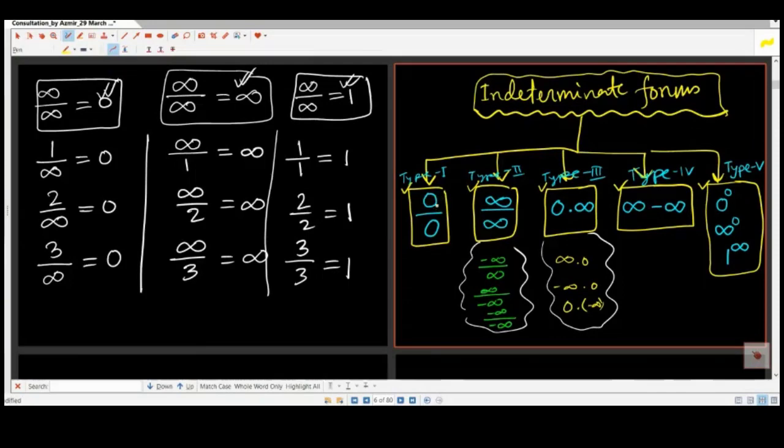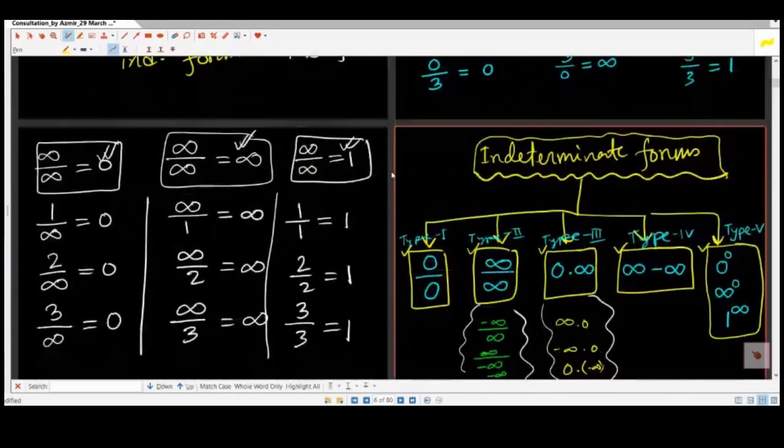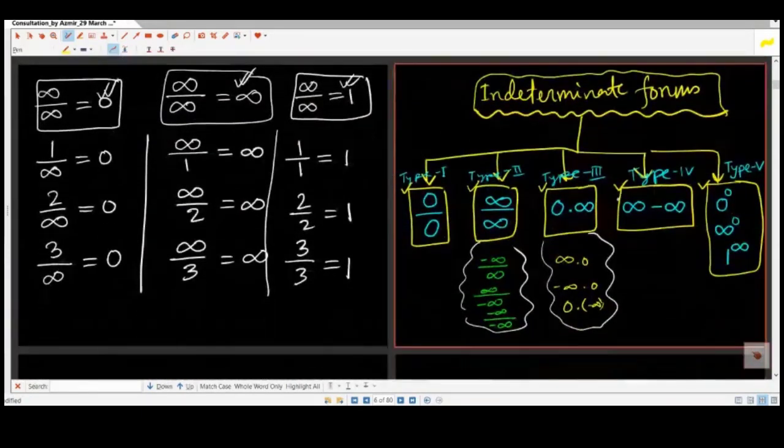We know why 0 over 0 and infinity over infinity are indeterminate forms, because these two can give us several results, so we get crazy behaviors. In a similar way, we can think about why 0 times infinity, infinity minus infinity, 0 to the 0, infinity to the 0, 1 to the infinity are indeterminate forms.